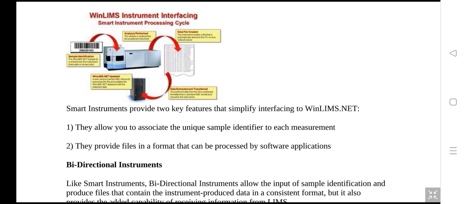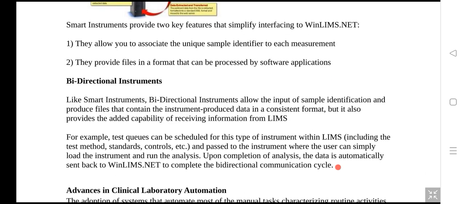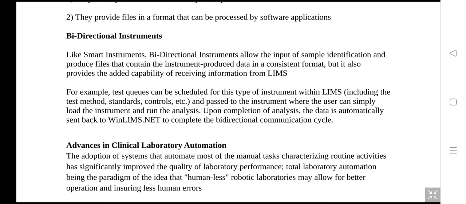So you may not need to type the result into the system. A smart terminal can process and then pass over the results to a software application. The other one is bidirectional instruments. These allow input of sample identification and produce files in a consistent format, but they also provide the added capability of receiving information from the LIMS, the laboratory information management system.